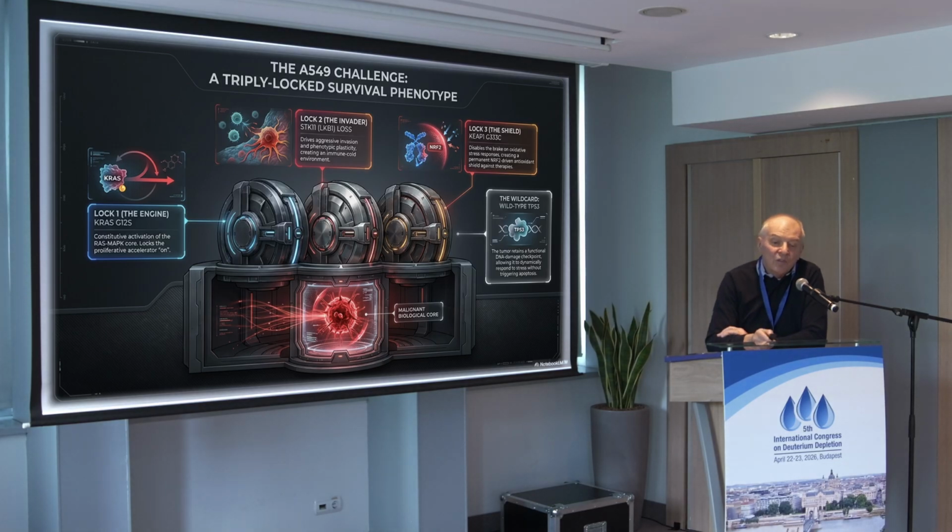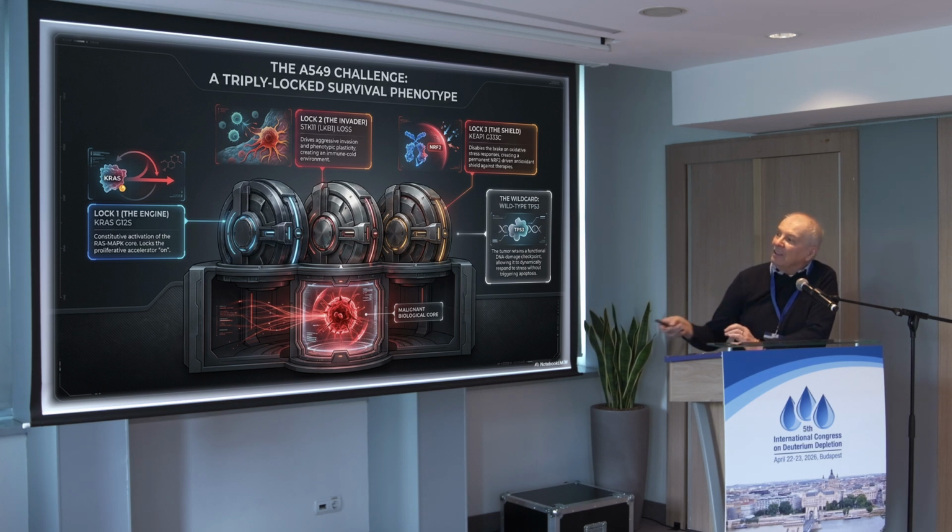Overlaying these mutations is a wild-type TP53. Sorry about these abbreviations, but that's how this can be expressed. It's very dense, but maybe the pictures resolve this denseness of abbreviations.